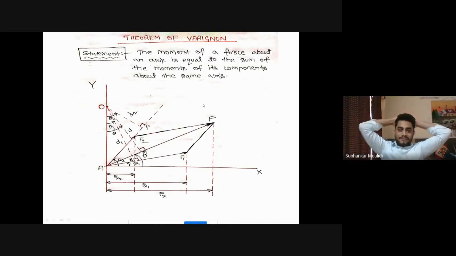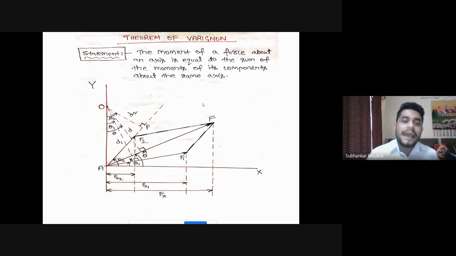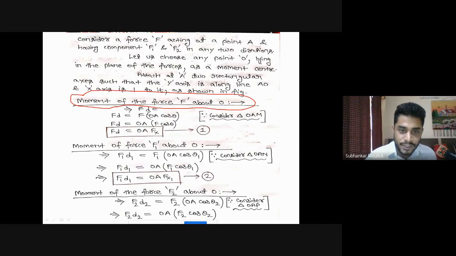Moment of force F about O. F into d, F into small d. Very good. So it is F into d.